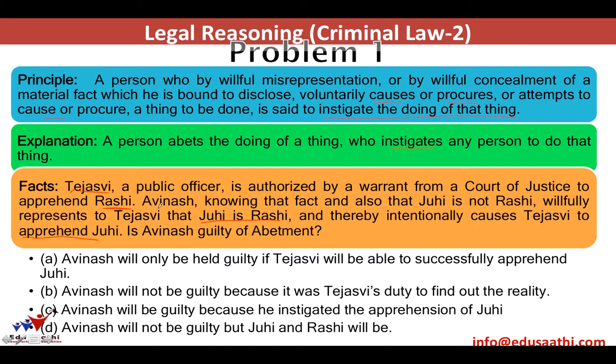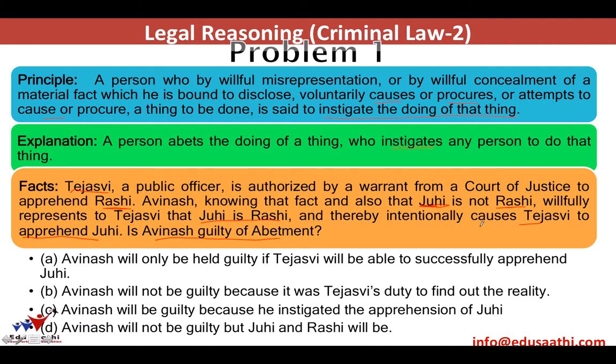He represents that Juhi is Rashi, but he himself knew that Juhi is not Rashi. So he instigated and intentionally caused Tejasvi to apprehend Juhi. Is Avinash guilty of abetment?